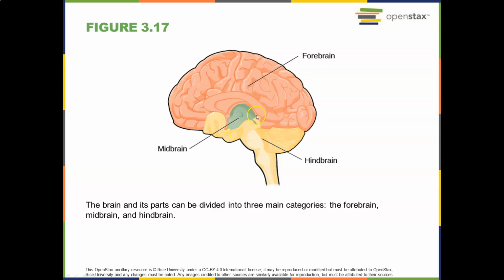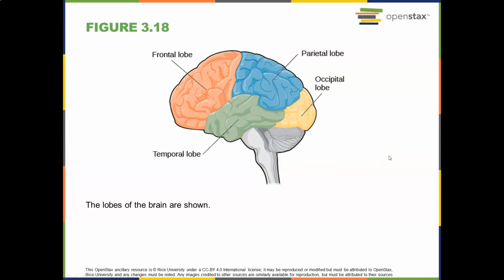You can see that it's located roughly in the middle of the whole area. And finally, they have the hindbrain, which is all this in yellow. You can see this is toward the back of the brain. That's why they call it the hindbrain.